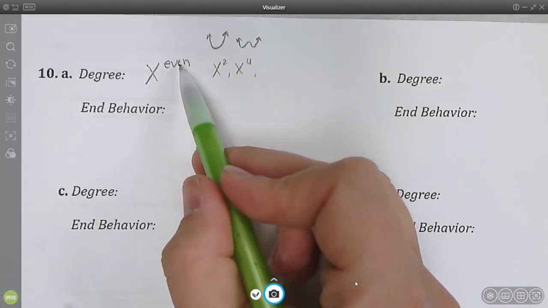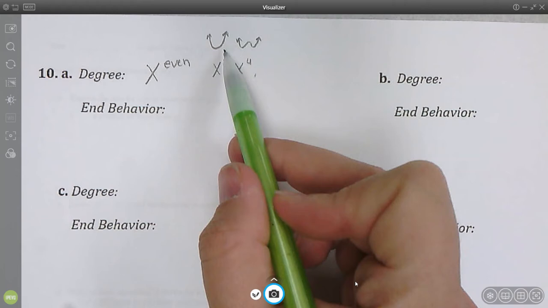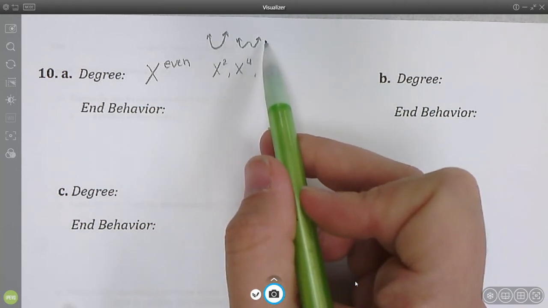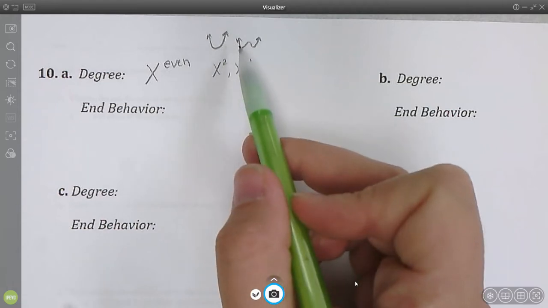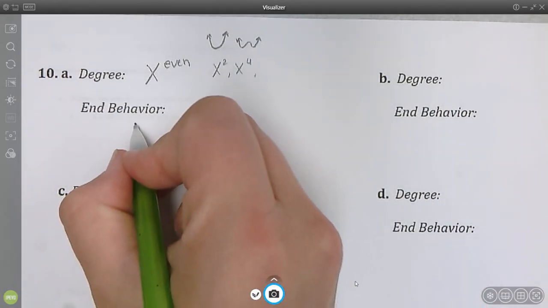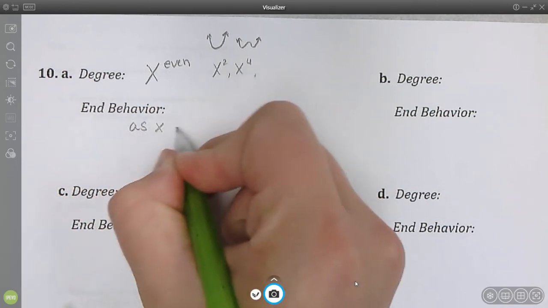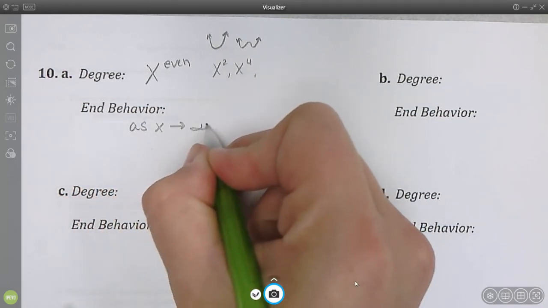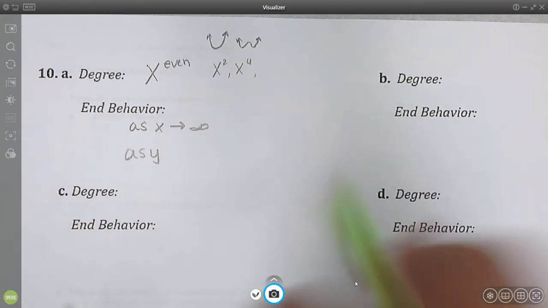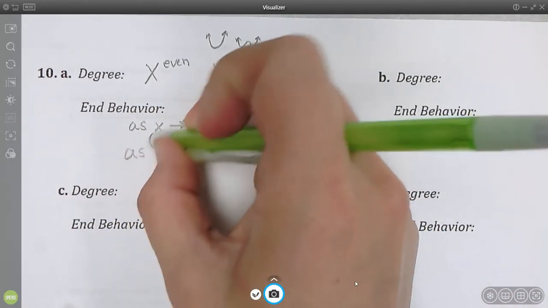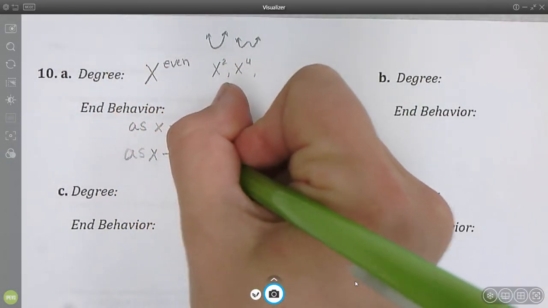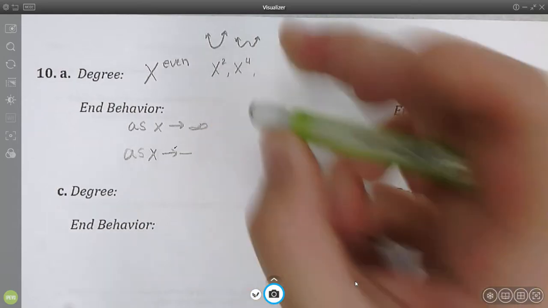All of these x to the even powers will have both end behaviors going towards positive infinity on your y values. So this is how you write your end behavior every time. You will write as x goes to infinity, and you'll write as y, or sorry, as x goes to negative infinity. Oh, that's going to be an 8, sorry.